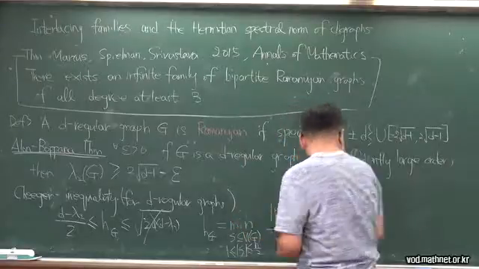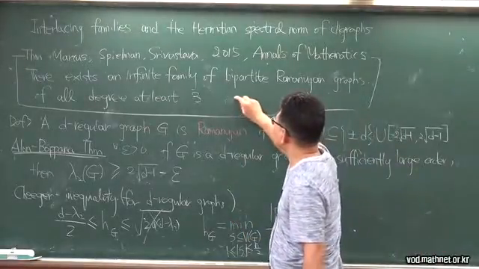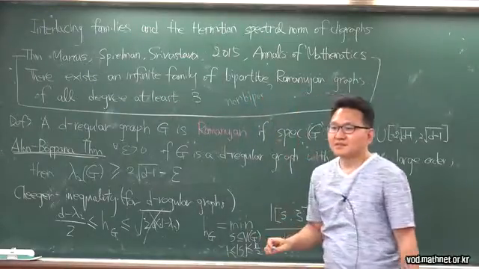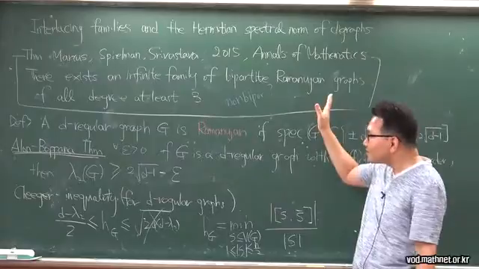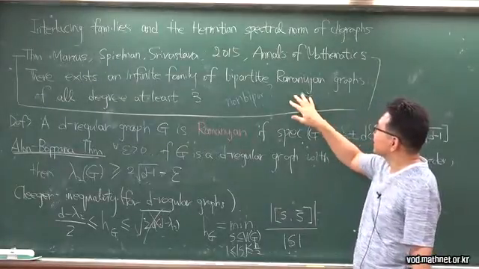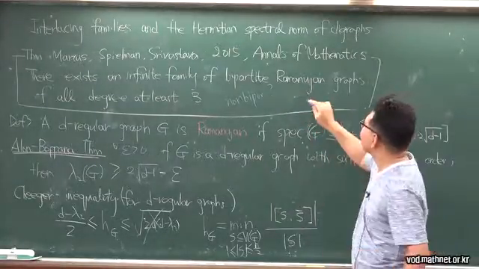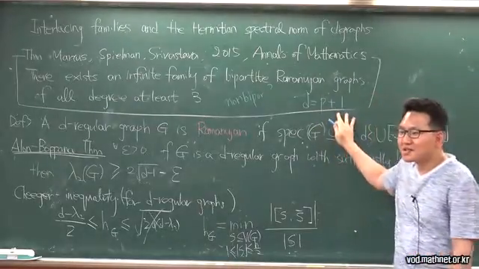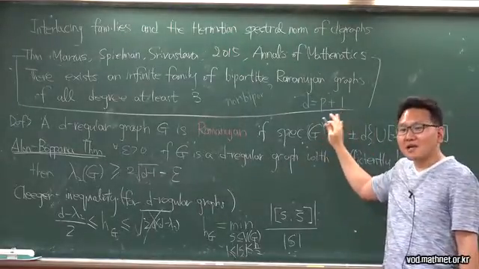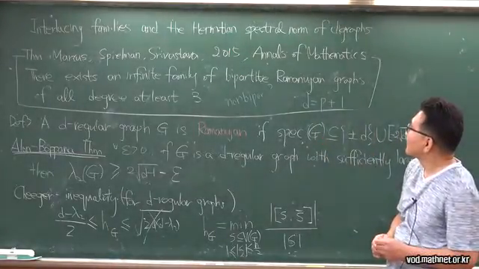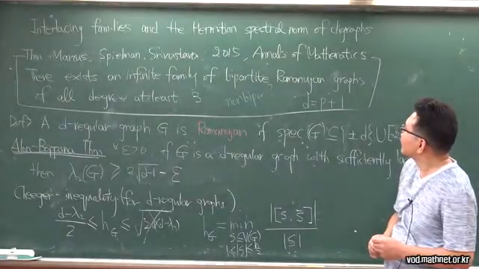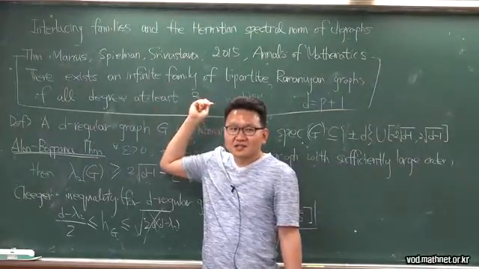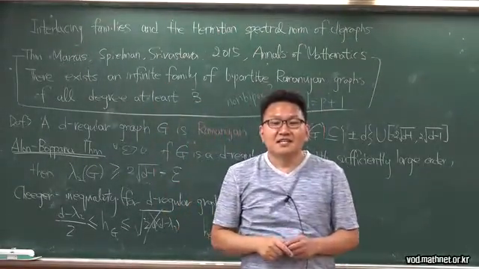But how about the non-bipartite case? We still don't know. Someone proved the existence of Ramanujan graphs when the degree is a prime number plus 1, which is related to Cayley graphs. They just showed the existence of an infinite family, and we still do not know an explicit construction.